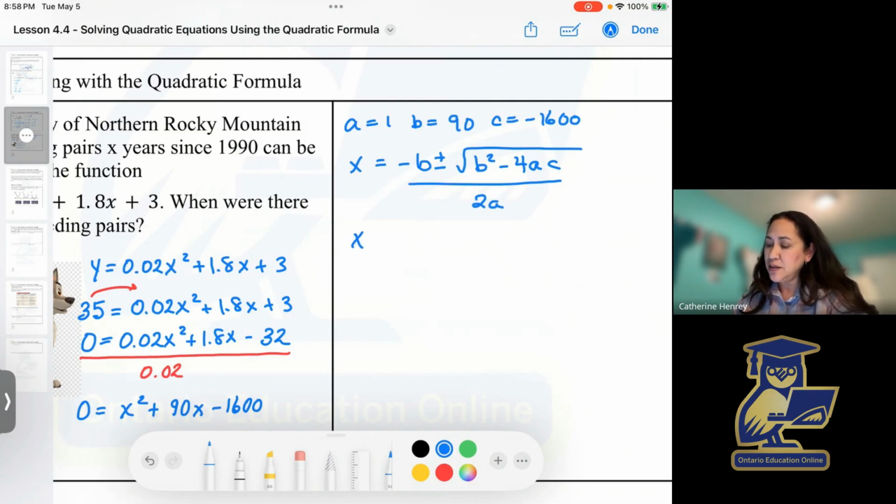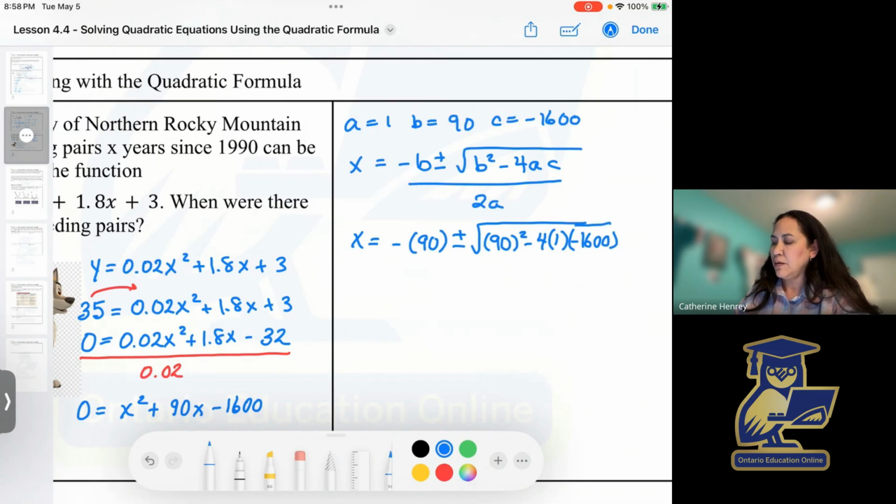So x is equal to negative, b is 90, plus or minus the square root of 90 squared minus 4 times a, which is 1, and c, which is negative 1,600, all divided by 2 times 1.